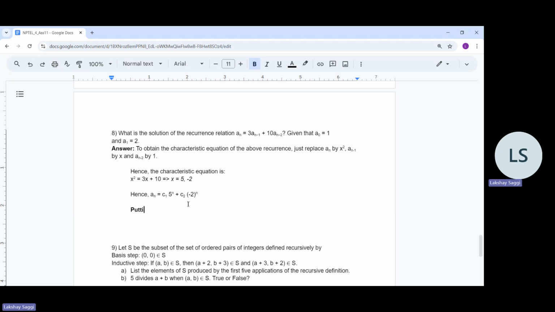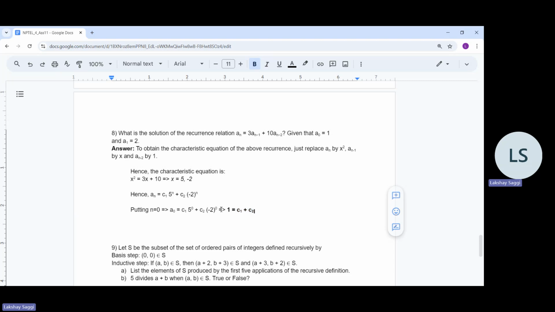Similarly, we can put n equals 1 to obtain another equation. We are given that A naught is equal to 1. So this equation reduces to 1 equals c1 times 5 raised to the power 0, which is c1, plus c2 times minus 2 raised to the power 0, which is also 1. So this will be c1 plus c2.